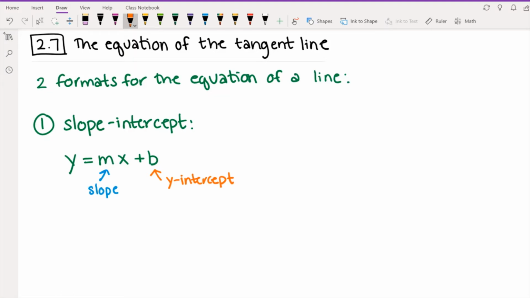So slope-intercept form is nice because it can be easily rewritten in function notation, right? We could rewrite this as f of x is equal to mx plus b. But if you don't already know what the y-intercept is, it's not going to be as useful. So what we'll usually be doing is starting with our line in point-slope form and then rearranging it to put it into slope-intercept form.